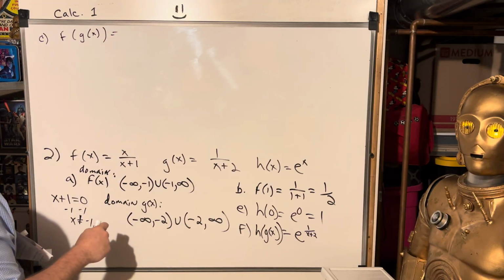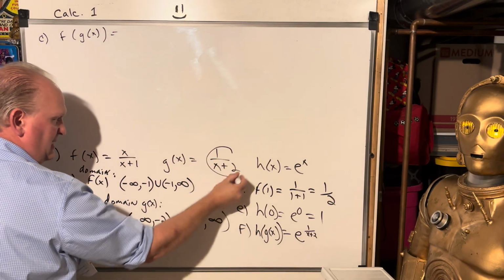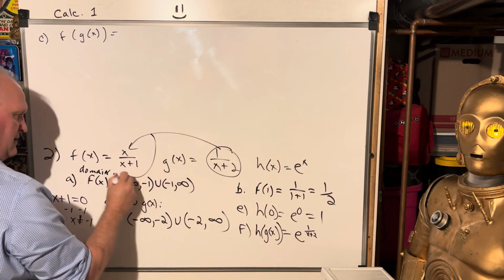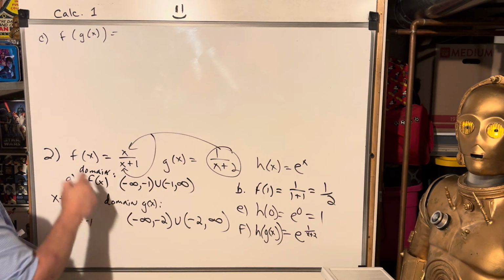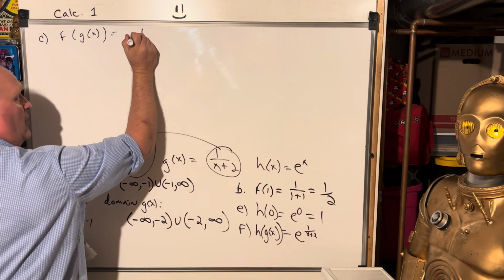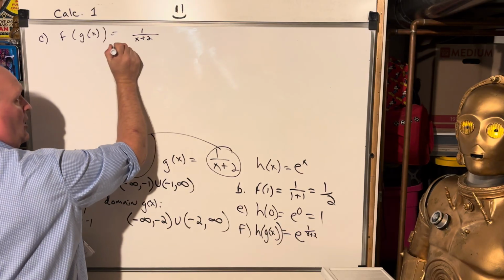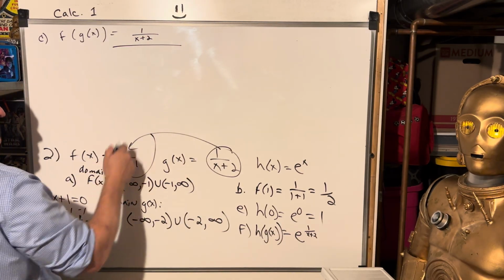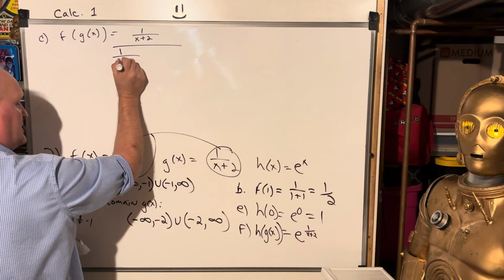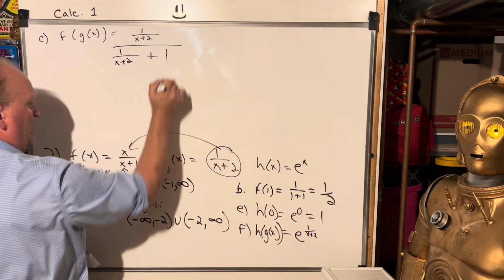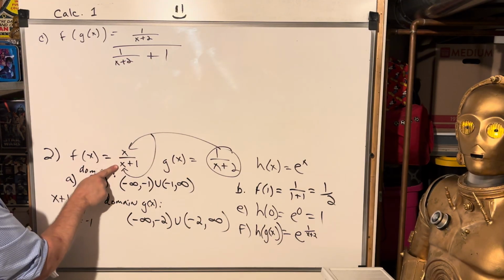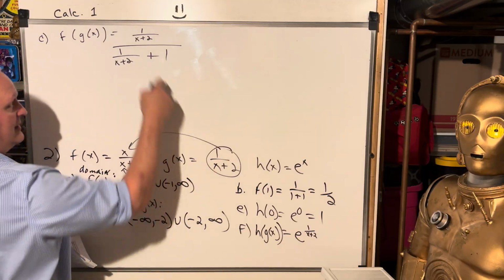That means you're going to substitute g of x in for the x's. So f of g of x is going to be 1 over x plus 2 over 1 over x plus 2 plus 1. Basically, I just replace this x and this x with that.